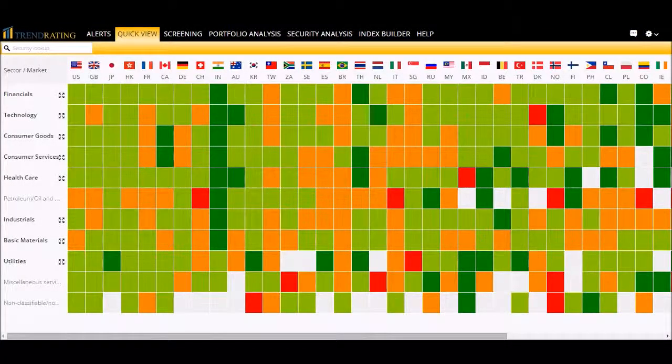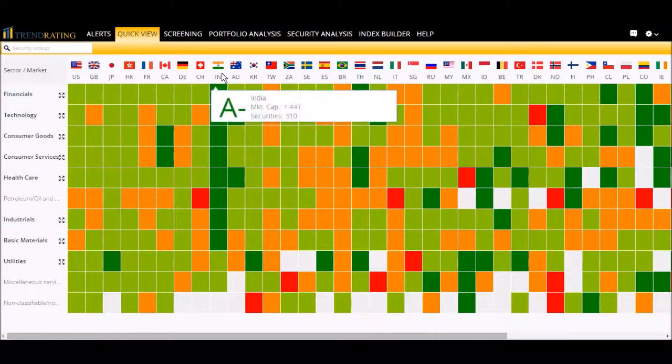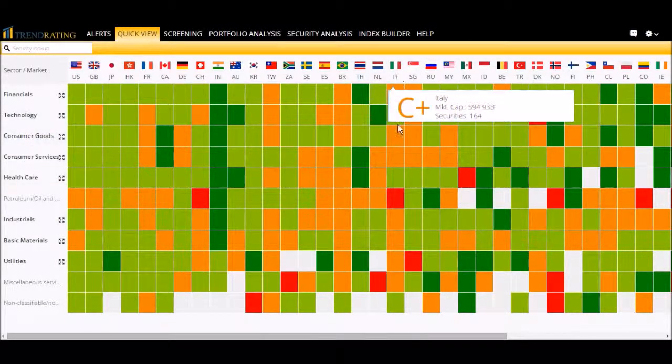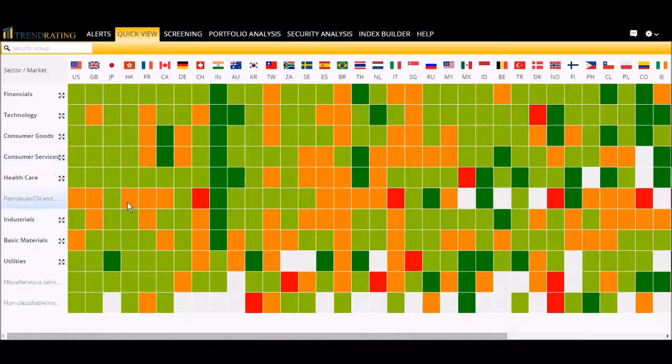The top-down is the quick view functionality. Here it is possible to have a view of momentum strength across countries and sectors in just a few seconds. For example, today India is great. It has a solid uptrend across all sectors that we follow. On the other hand, Brazil and Italy are quite a disaster, where we see mainly orange and red.